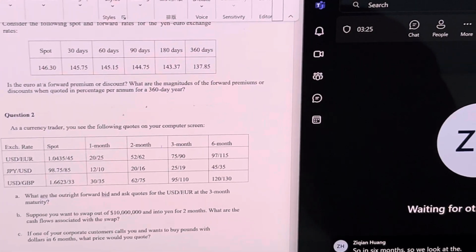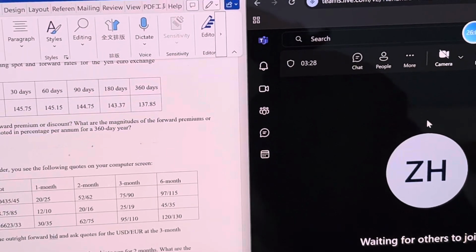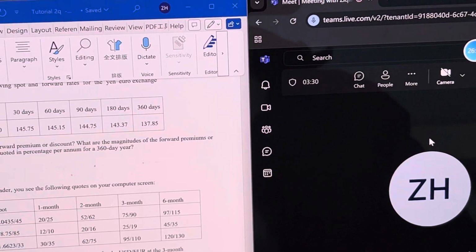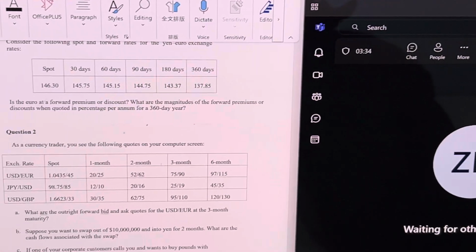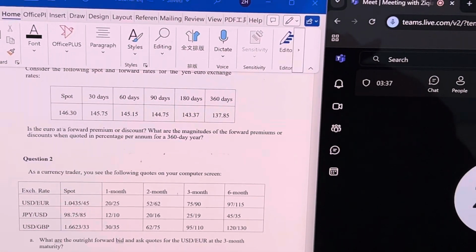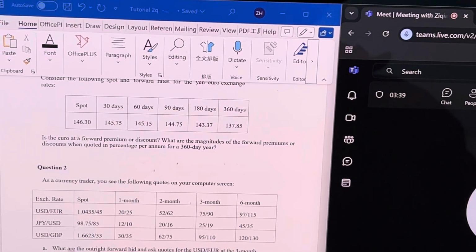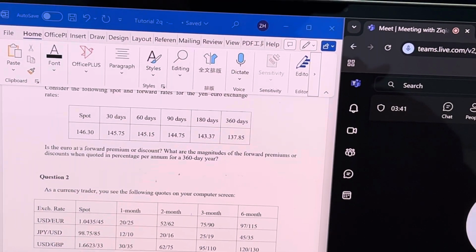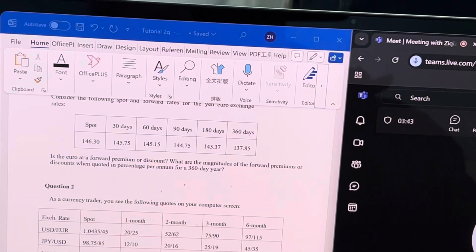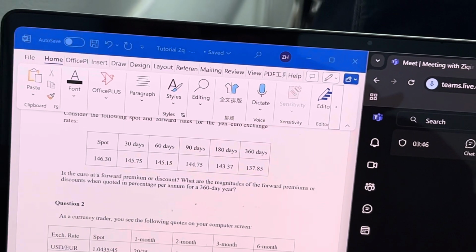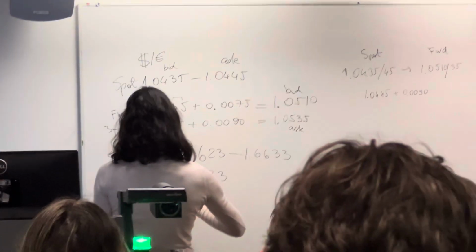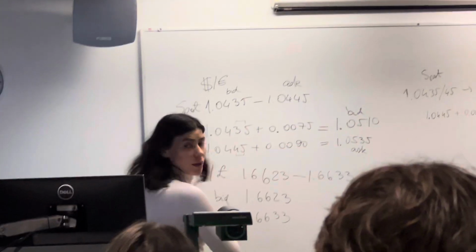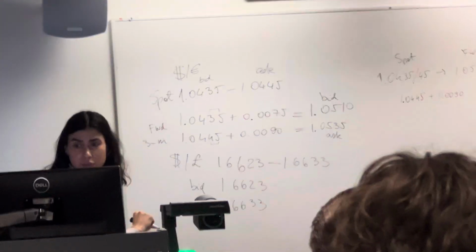So which rate would we use? We say 6 months.